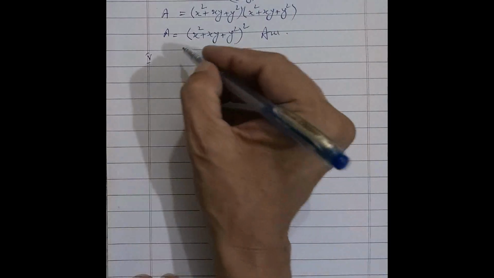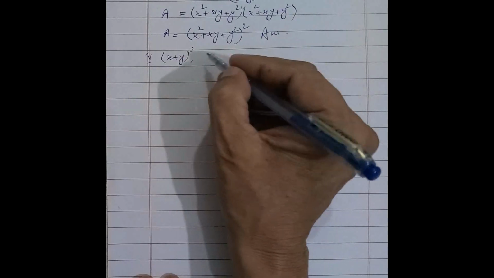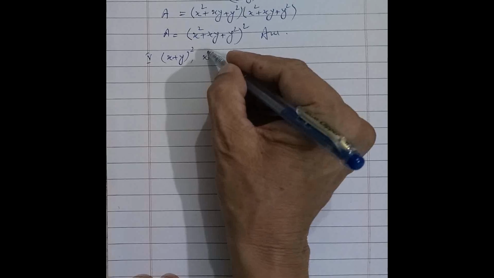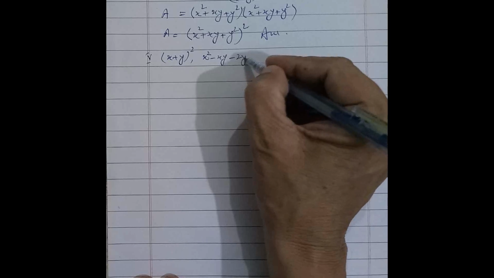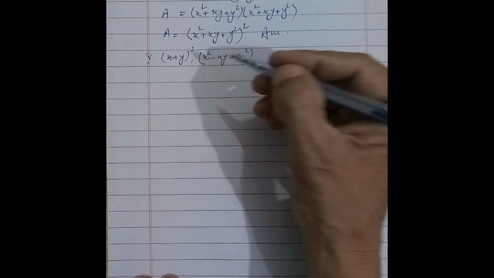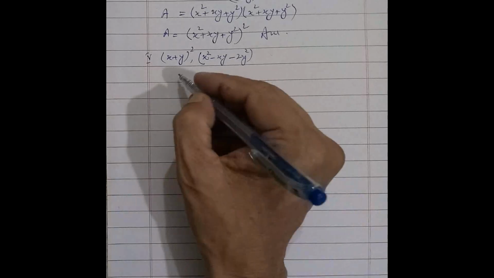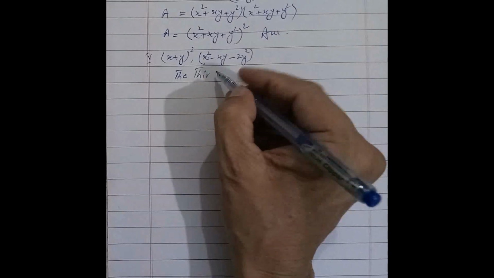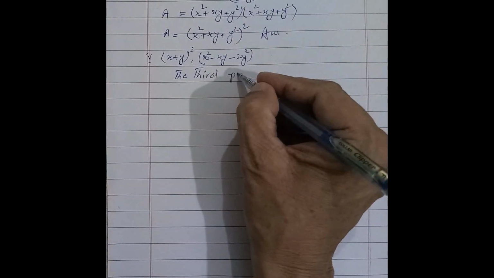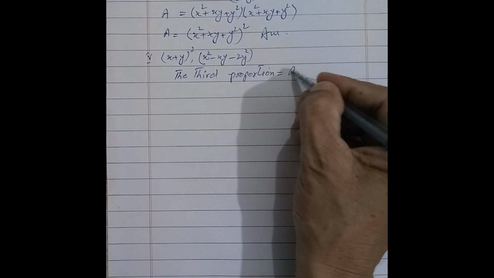we have (x plus y) whole square, and the second is (x^2 minus xy minus 2y^2) whole square. And we write them. The third proportion is equal to a.